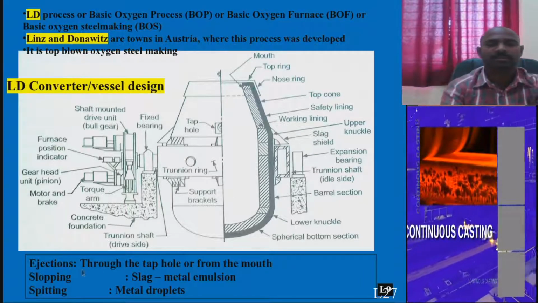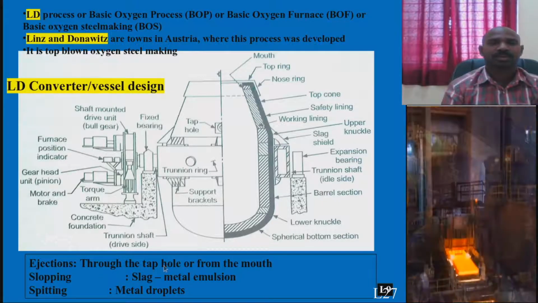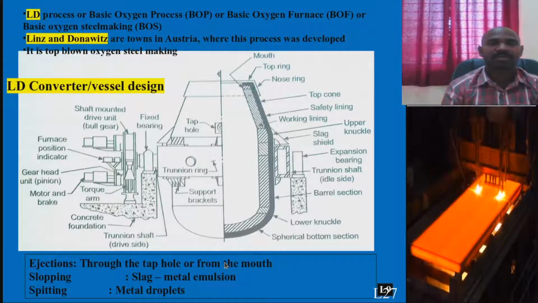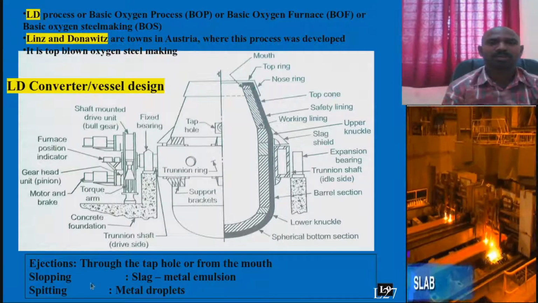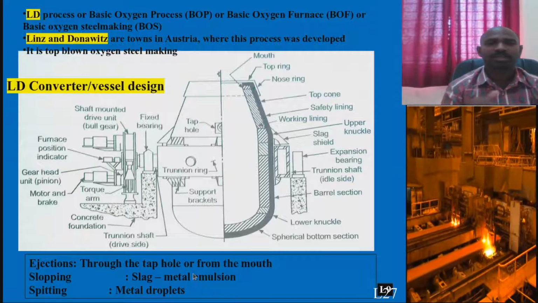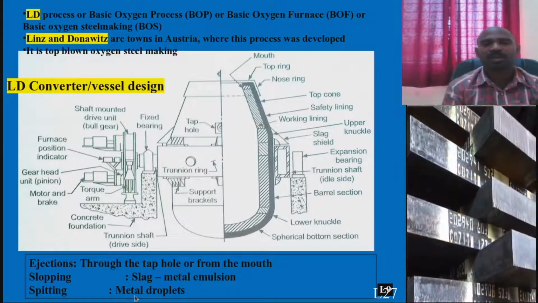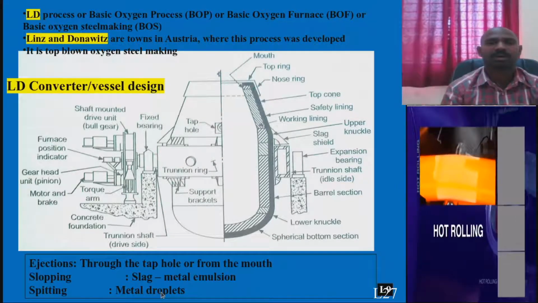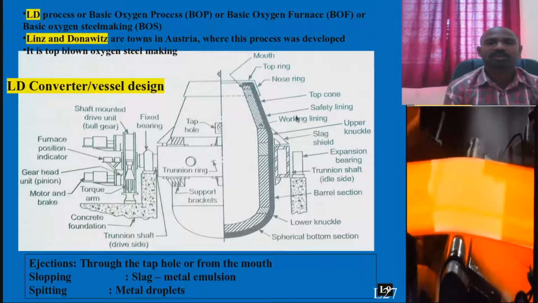Through the tap hole you eject out either the slag or the molten metal. When you tilt, there is a chance of slag and metal mixing together. When the molten steel is completely taken out, a few drops of metal will fall, so at the spitting stage.